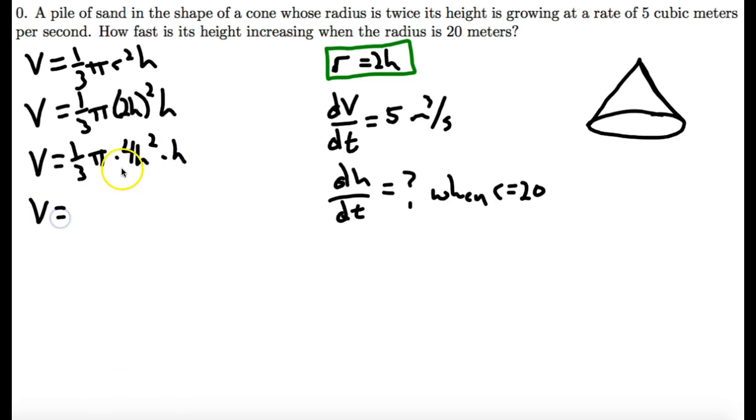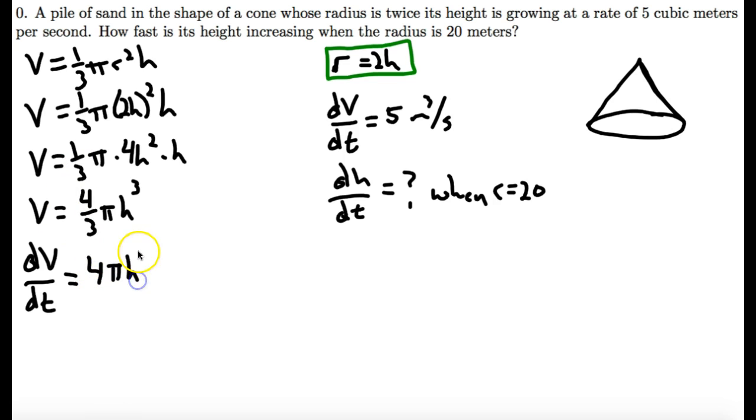And if I simplify that, we get 4/3 pi h cubed. All right, so let's take our derivative. So dV/dt equals, if I bring my 3 down, 4 pi h squared dH/dt.